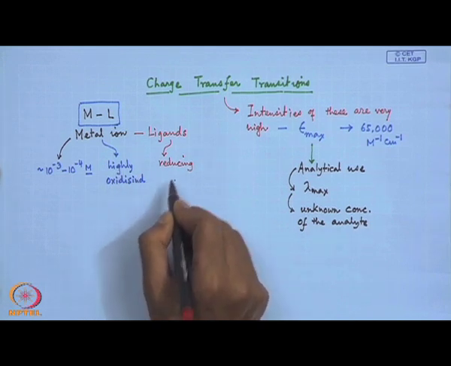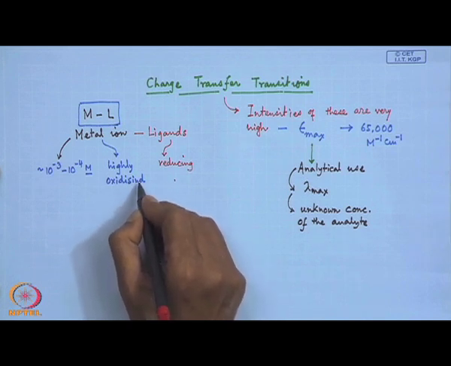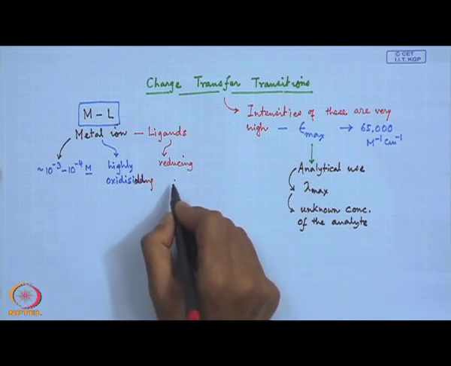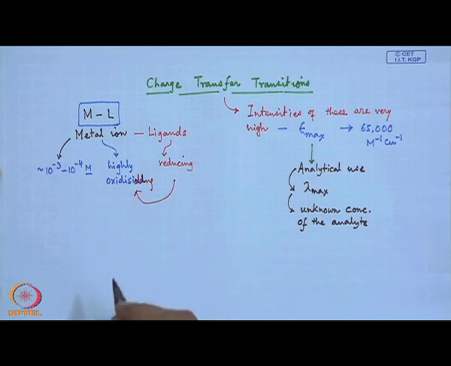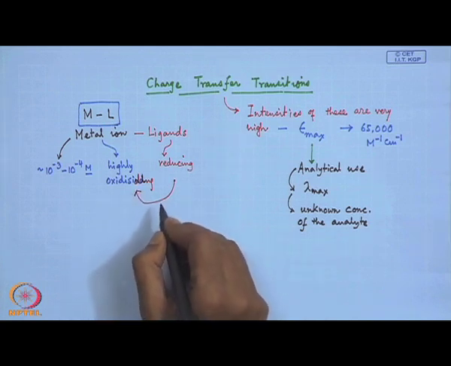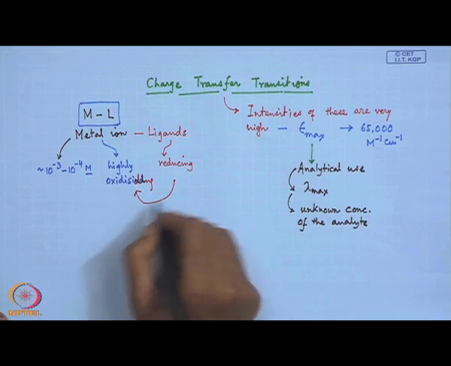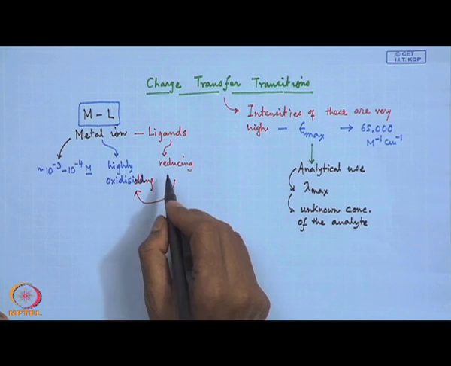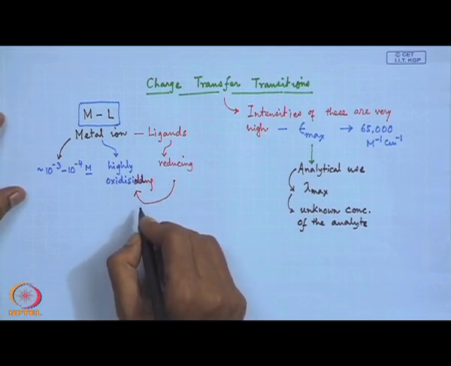So, in this particular case, the metal is highly oxidizing, and the transfer of charge can take place from the ligand side to the metal side. So, in this particular direction only ligand to metal charge transfer can take place, and we will categorize it as one particular type of charge transfer.